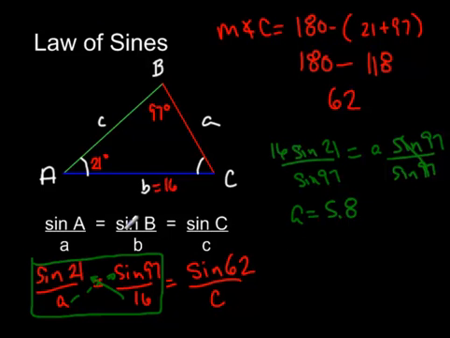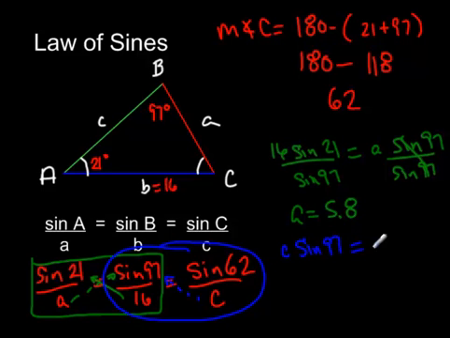Now, we would then solve for this side of the proportion. We would say that the sine of 97 over 16 is equal to sine 62 over C. Once again, we'd use our cross products, multiplying C times sine 97 would equal 16 times the sine of 62. Solving for C, we would divide by sine 97.